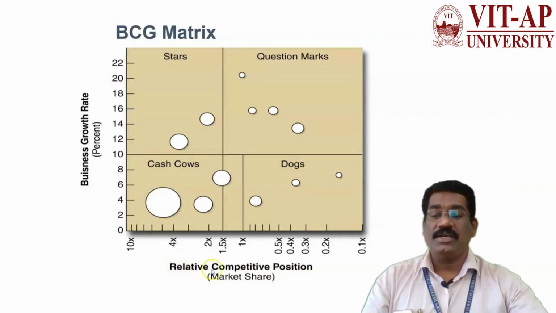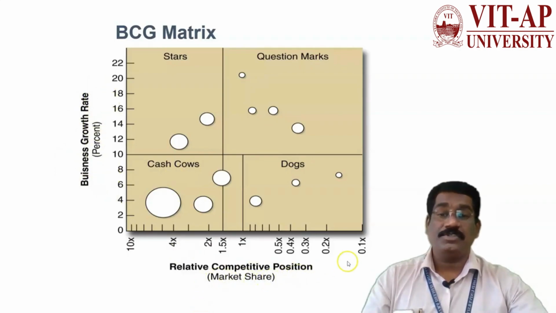That's why it is used here as relative competitive position. Based on these two parameters, business growth rate and relative competitive position, we have four quadrants in this BCG matrix: star, question marks, dogs, and cash cows.